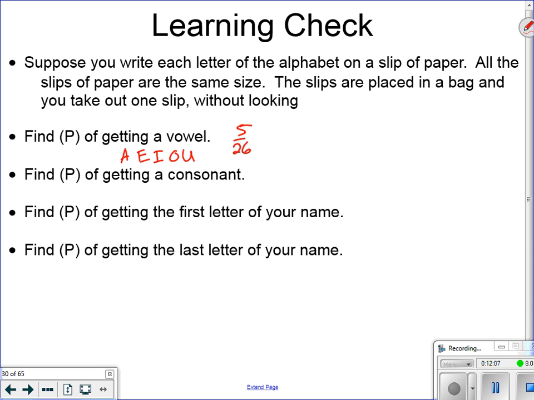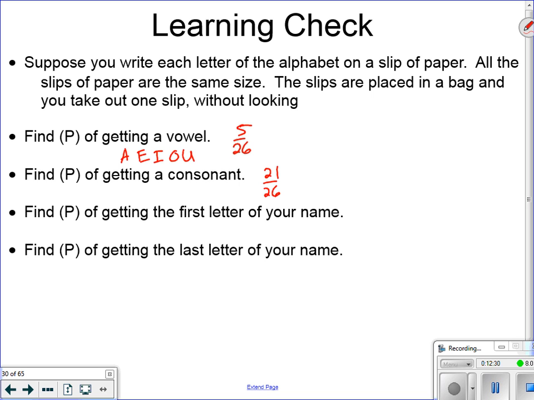So 5 out of 26 that you'll get a vowel. Now a consonant, well, those are all the letters that are not vowels. If we have 26 letters and 5 of them are vowels, that means 21 of them are consonants. So 21 out of 26 would be the probability of grabbing a consonant.